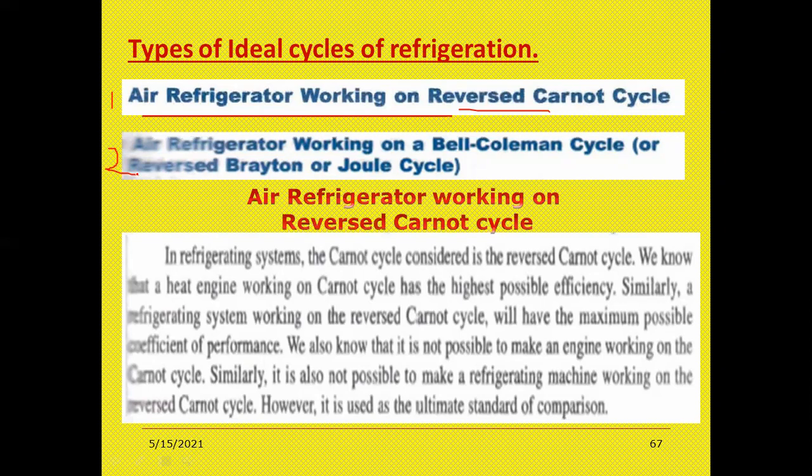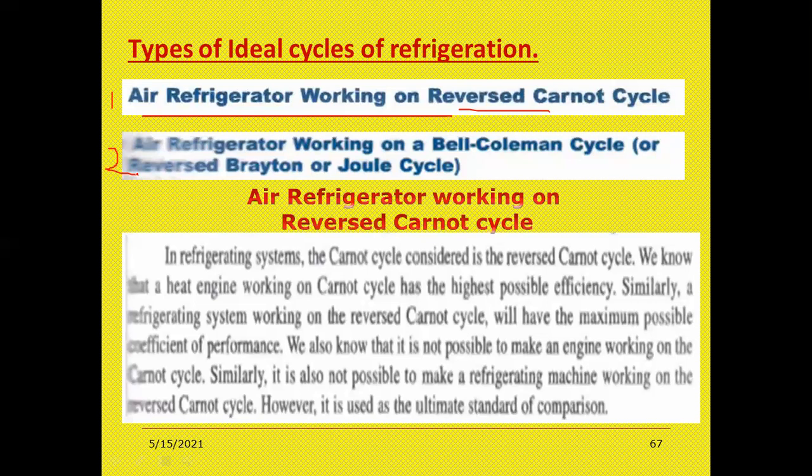A heat engine working on the Carnot cycle has the highest possible efficiency, therefore a refrigeration system working on the reversed Carnot cycle will have the maximum possible coefficient of performance. So whenever you use the Carnot cycle for the refrigeration system, there is a possibility of the highest possible efficiency and the maximum possible COP.